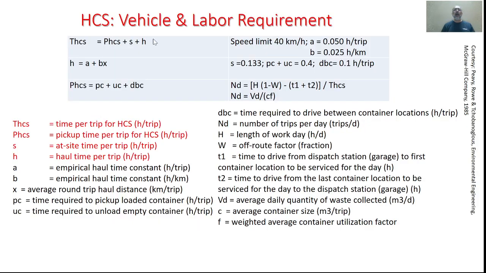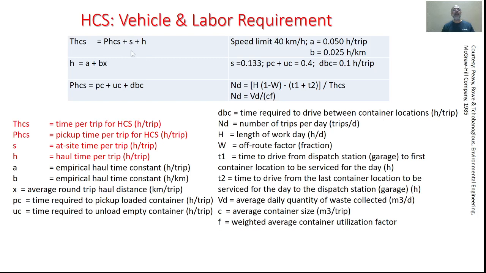So in order to have the vehicle and labor requirements defined, according to the definitions that we discussed on the previous slide, the time required per trip can be expressed as hours per trip, and it is the sum of pickup time, which is again expressed as hours per trip.